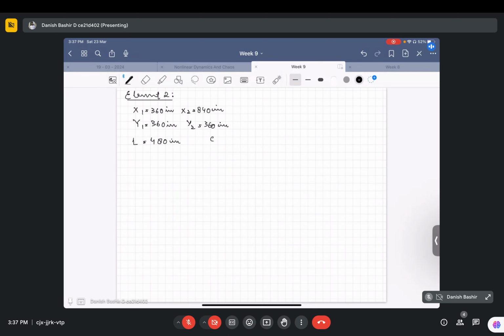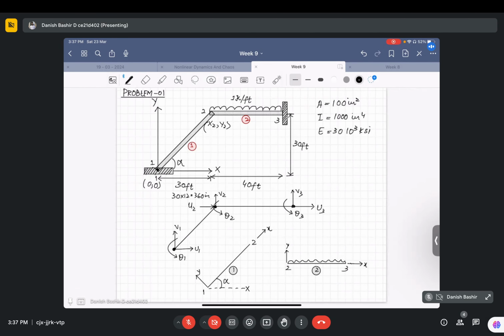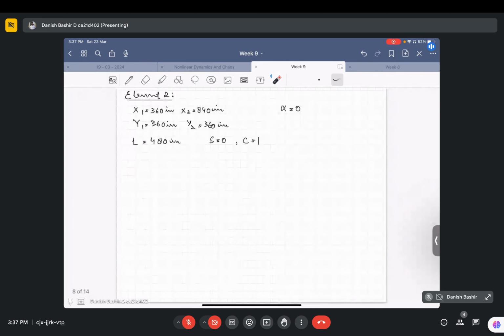Sine is equal to 0, cos is equal to 1, because alpha is equal to 0 for this element.